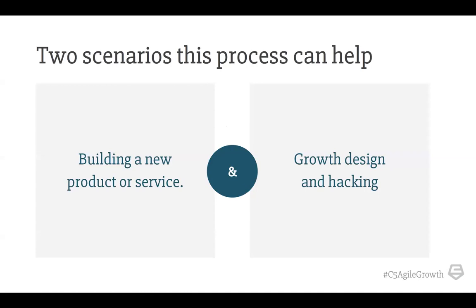So we've at Carbon 5 found that this process can really help two types of projects, no matter what type of company it is. A client that wants to build a new product or service can really benefit from using an experiment-driven design approach, or a project that is more about growth design or growth hacking.